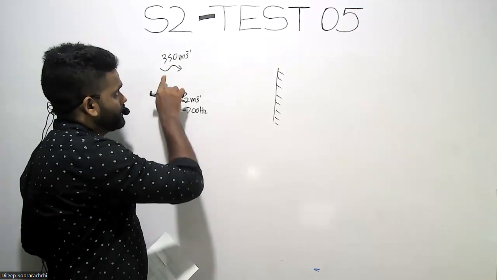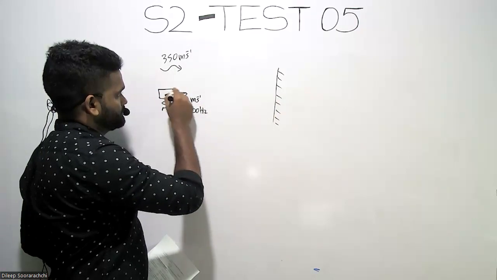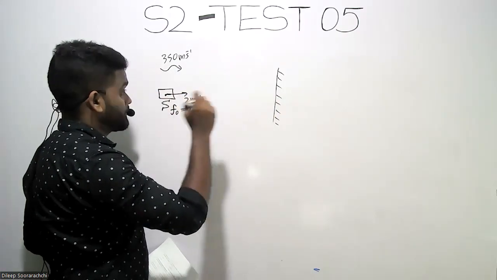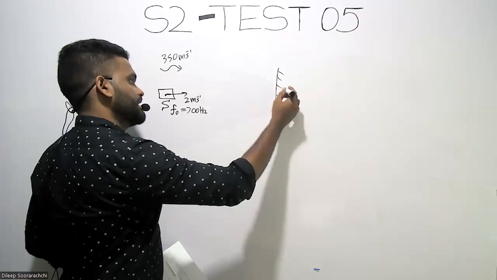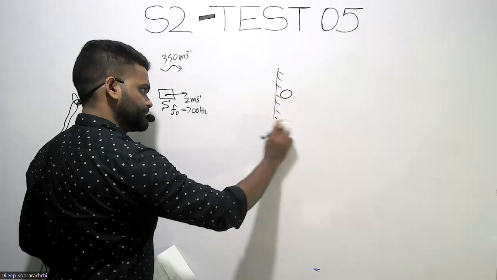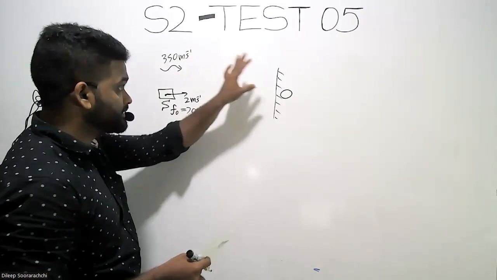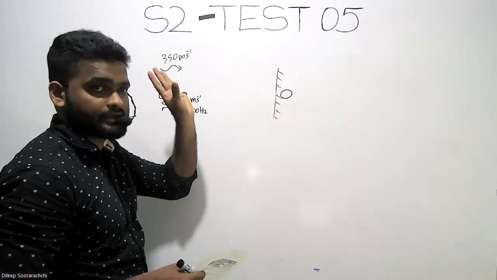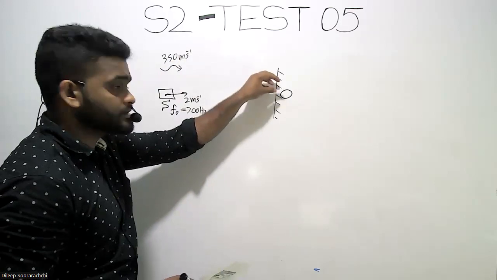Right. So this sound wave is moving towards the wall. Here you can say the wall acts as observer. This is the source, this is the observer for the first case, because the wall is receiving the sound waves.